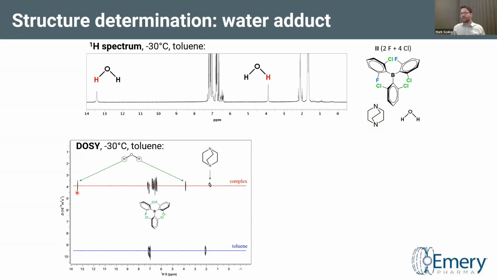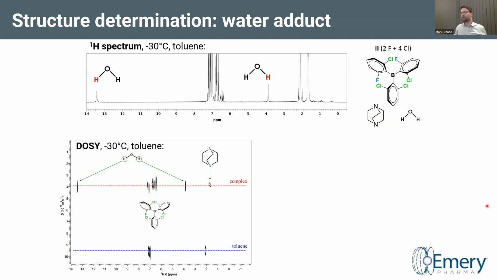And what we can see is that the 2 protons of water, which can be seen here, because on the x-axis you can see a proton spectrum, the 2 water signals, the signal of the base, and the signal of the Lewis acid, the borane, all have the same diffusion coefficient, which means that they are connected to each other, they are coordinated to each other.